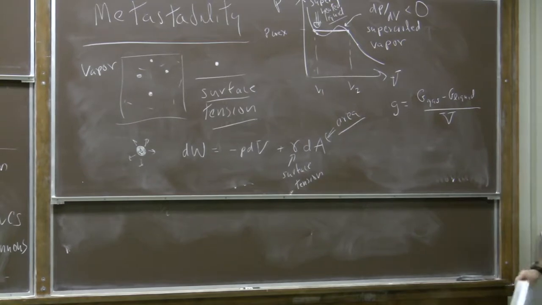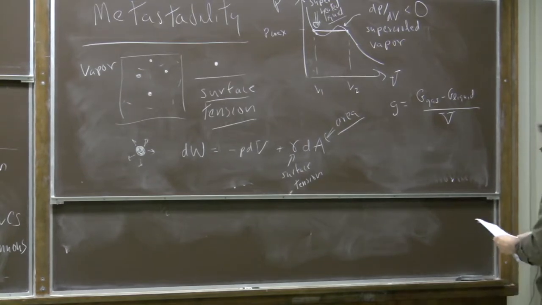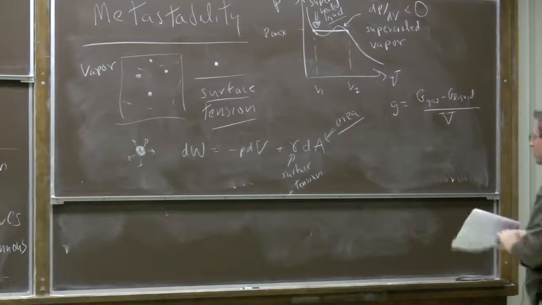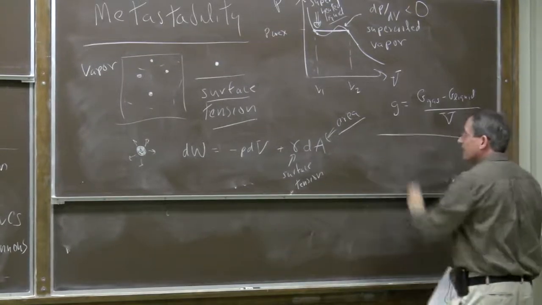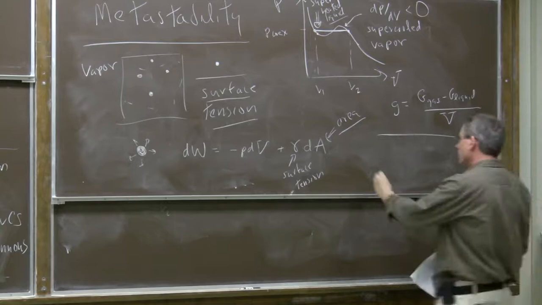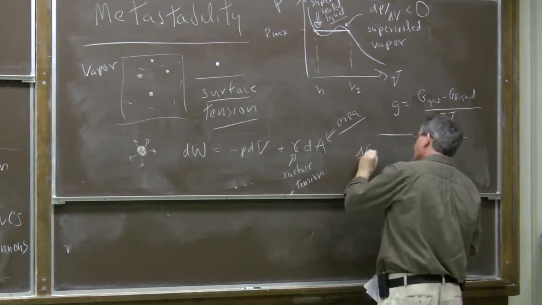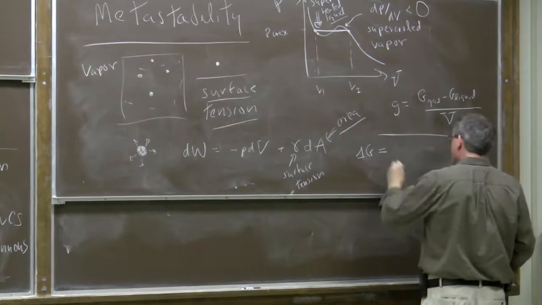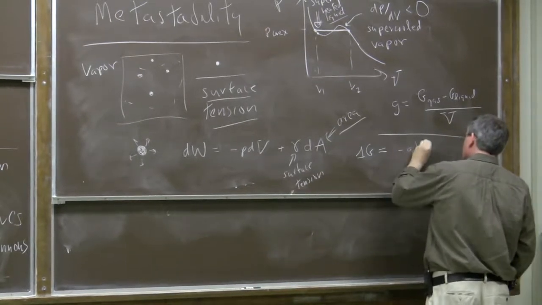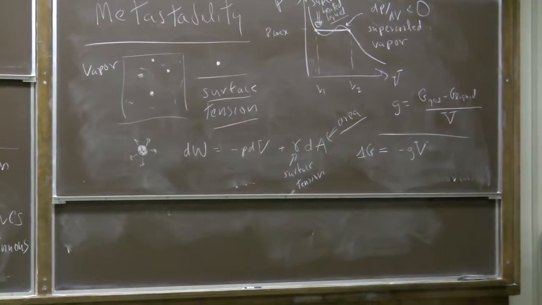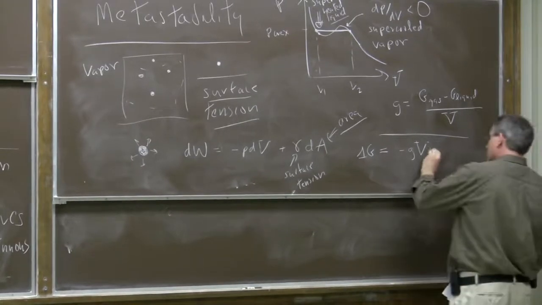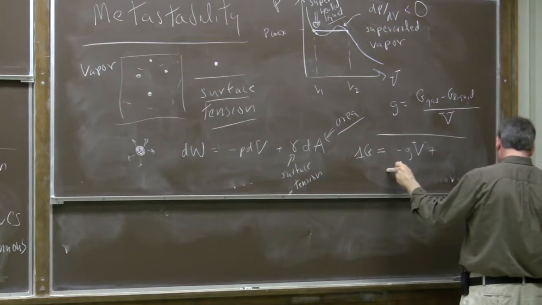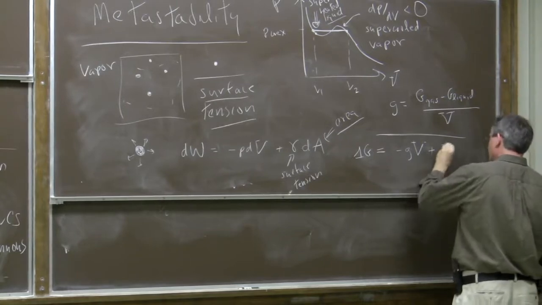One phase or the other is favored. And so we can gain some bulk free energy by converting some of the vapor, say, to a droplet of liquid. The change in the Gibbs free energy when a droplet forms which has volume V is minus g times the volume.